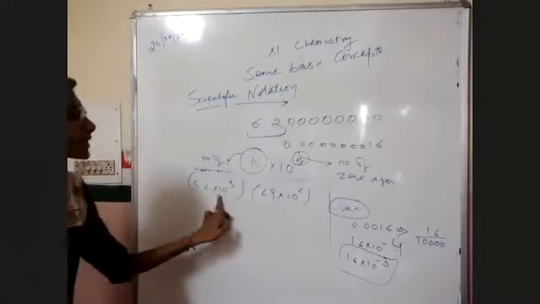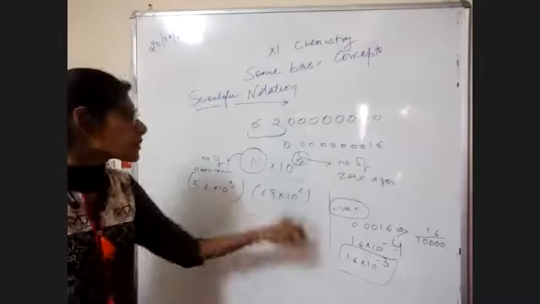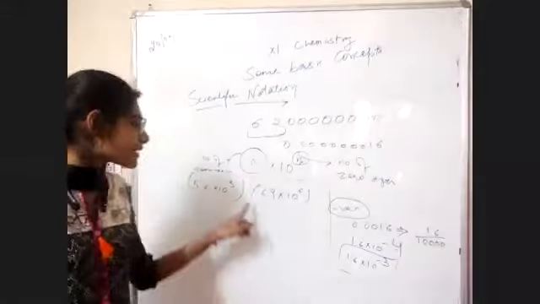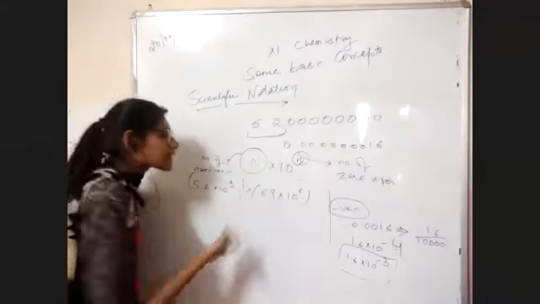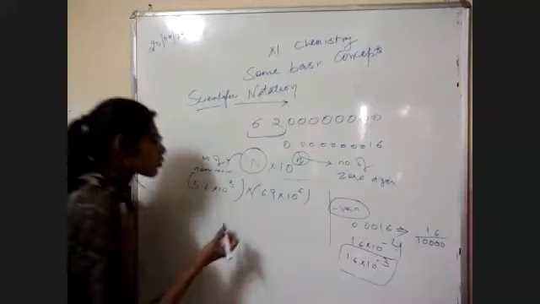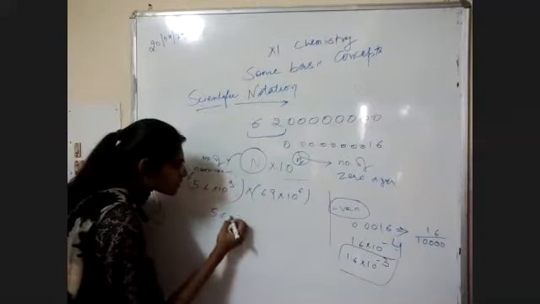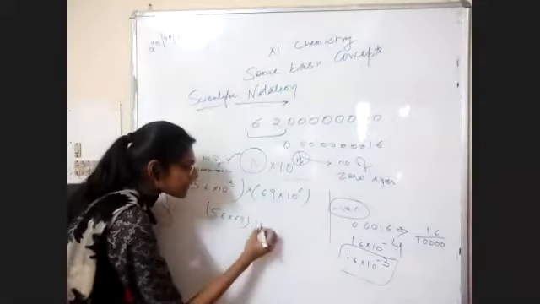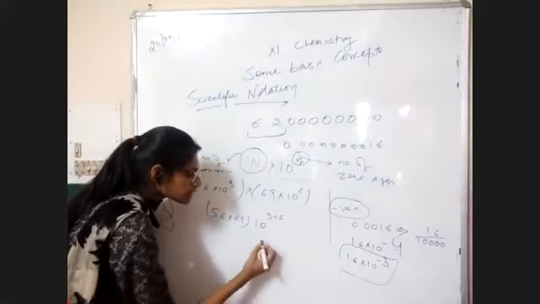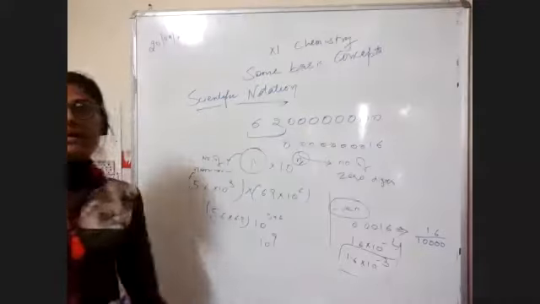You know very well, when the base is the same, the power would automatically add when there is a sign of multiplication between. So what would happen? 5.6 into 6.9 would further multiply, and 10 raised to power 3 plus 6, that is 10 raised to power 9. Am I clear, class?